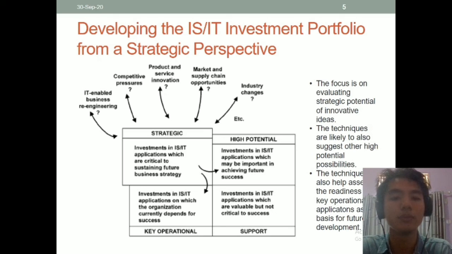The rest is for investments in ISIT application which are valuable but not critical to success.